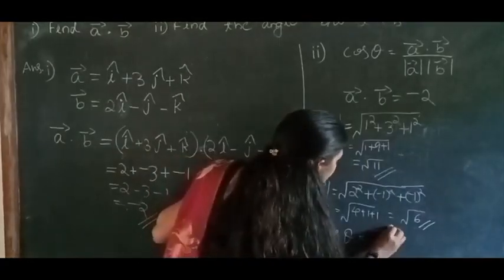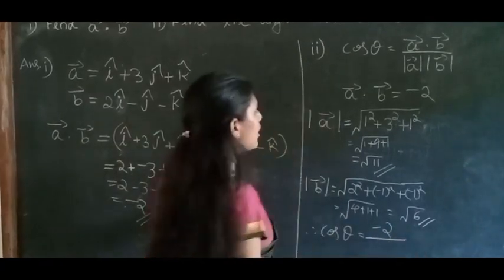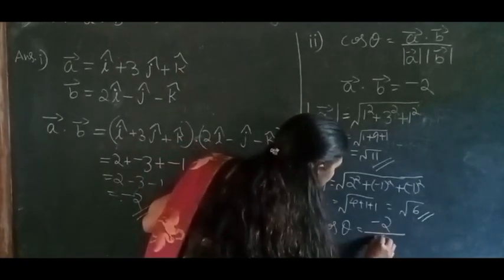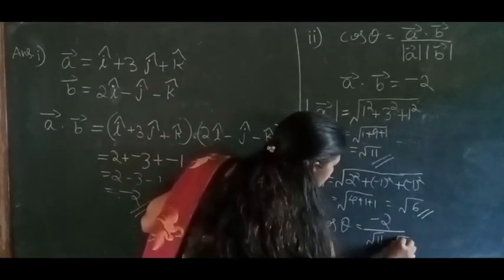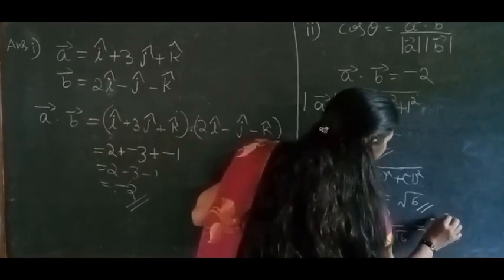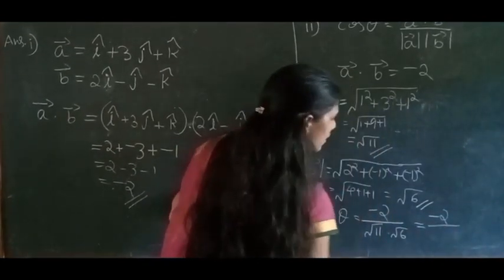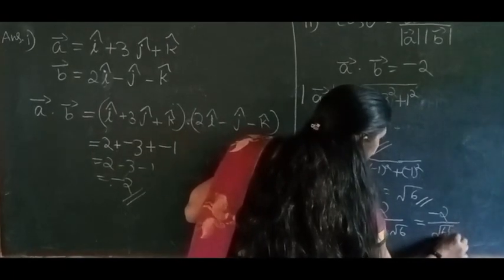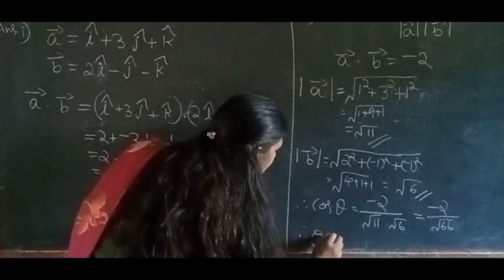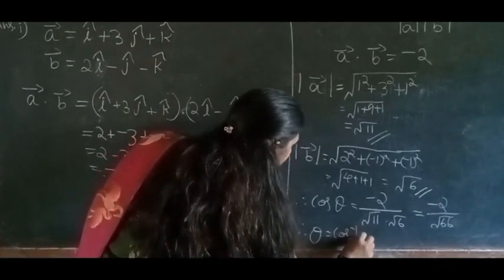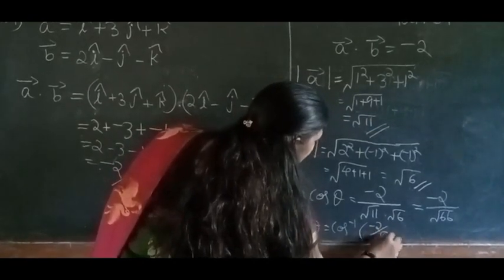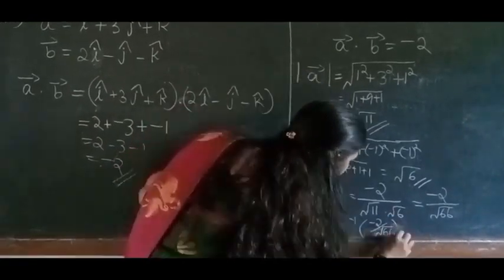Hence, minus 2 divided by mod vector A, which is root 11, times root 6, which is equal to minus 2 divided by root 66. Therefore, theta is equal to cos inverse of minus 2 divided by root 66.